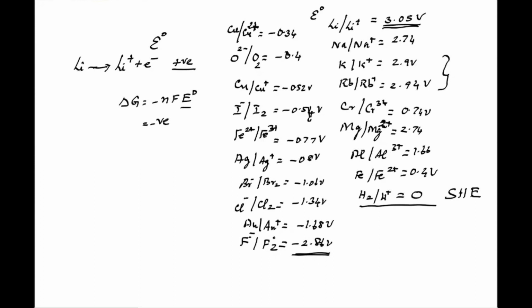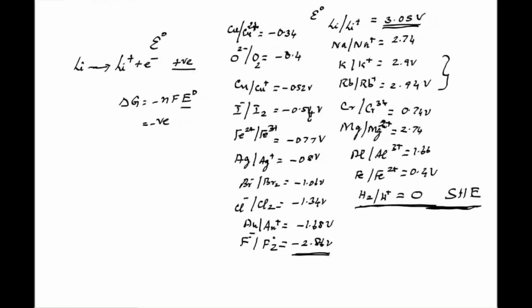Another important property is that those metals present above the standard hydrogen electrode will release hydrogen from acid. They have the tendency to reduce H plus to hydrogen.